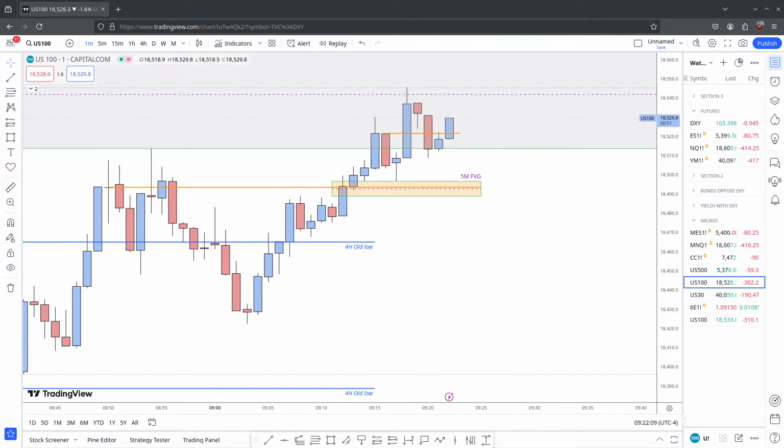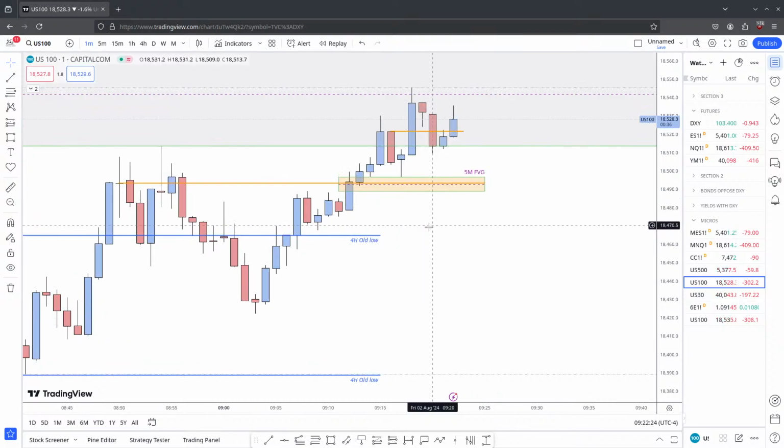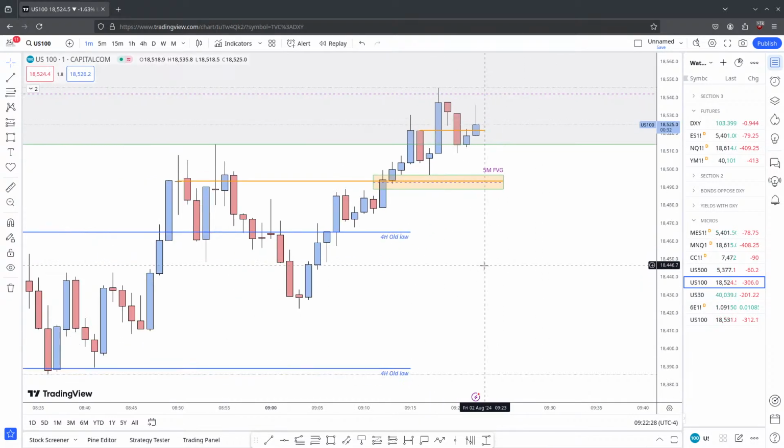We'll keep that in mind. Seems to be respecting this one though. We'll see what the 9:30 opening brings to the table.